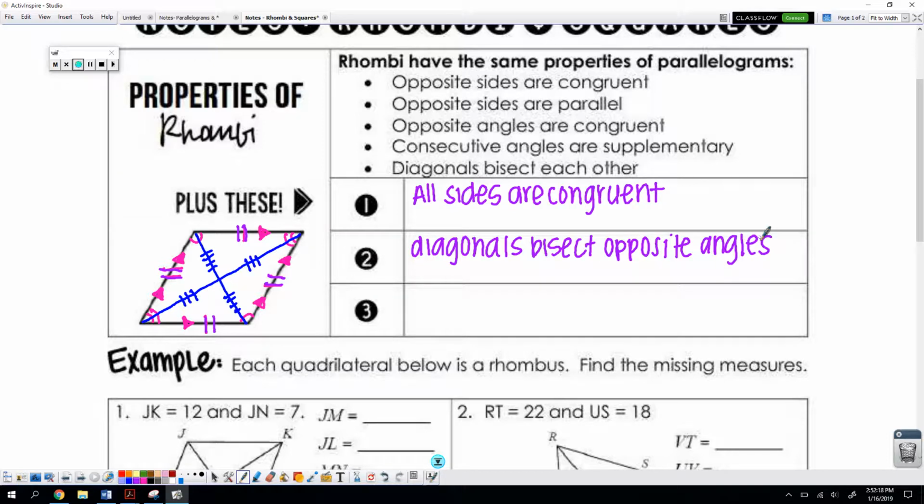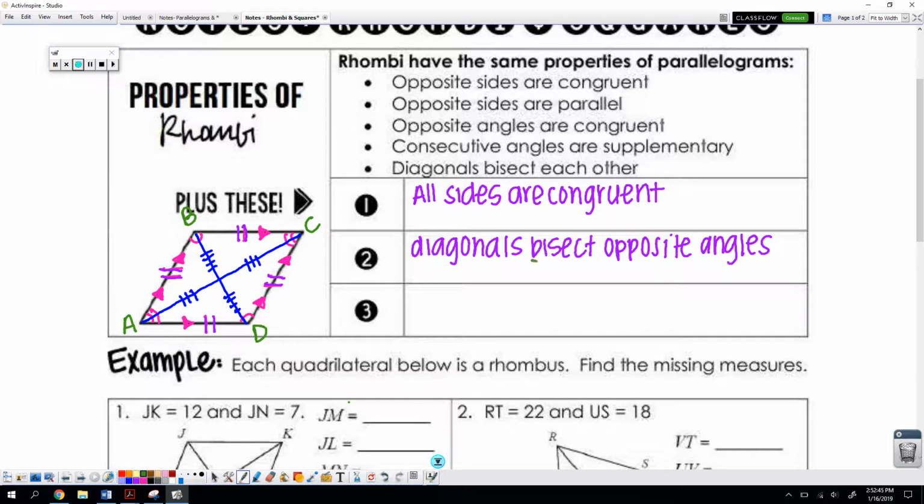So what that means is that right here, let's give this name A, B, C, and D. Angle B has been cut directly in half. Angle B is made up of 2 parts, and they're both exactly the same size. In parallelograms, they're not the same size, but in these ones, they are exactly the same size. So B has been cut directly in half.